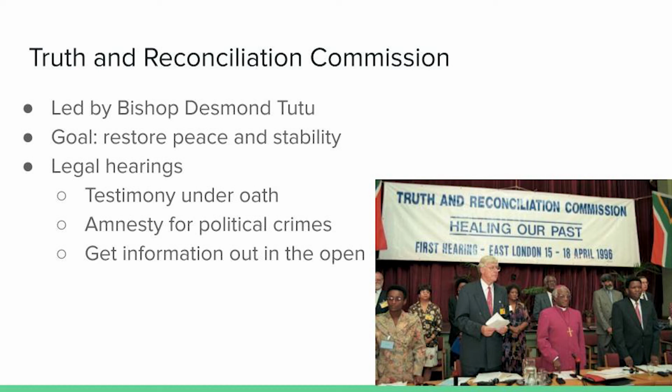Victims told stories of what had happened to them, but perpetrators told stories of the things they had done under apartheid. Amnesty was given for many of these political crimes. Amnesty meaning that, in exchange for their honest and truthful testimony, they would not be punished for these crimes. And the idea was to get information out in the open.